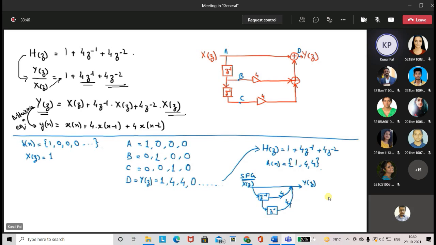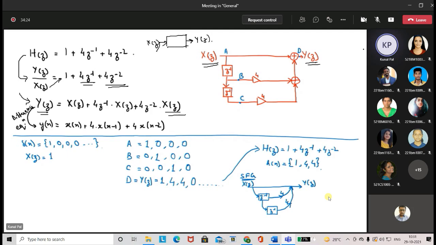If I have to implement this filter, what do I have to do? The realization of the filter can be done in this way. I have one input X(z) and one output Y(z). Conventionally, if we have a system, we place the input on the left hand side and the output on the right hand side.